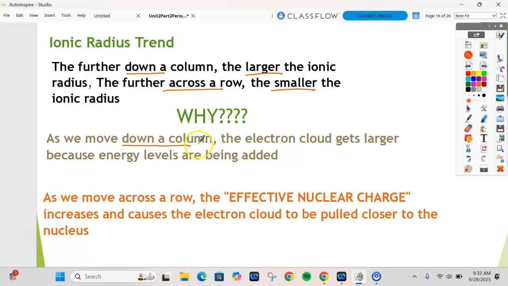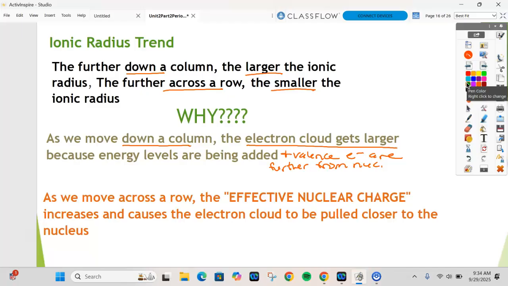If we move down a column, the electron cloud gets larger because energy levels are being added and valence electrons are further from the nucleus. So those valence electrons get further from the nucleus, which means they're less attracted, which means the cloud spreads out.